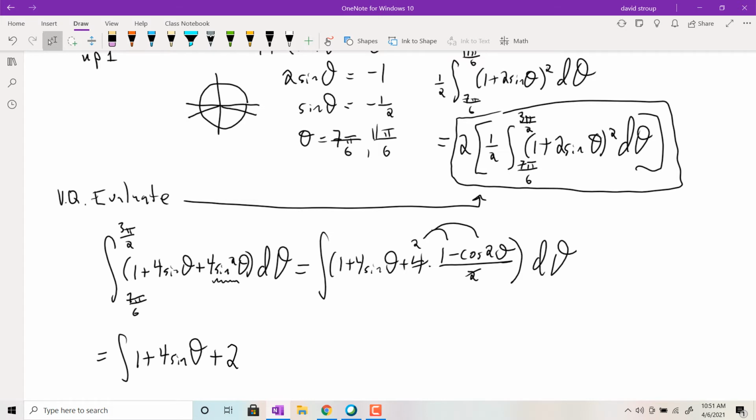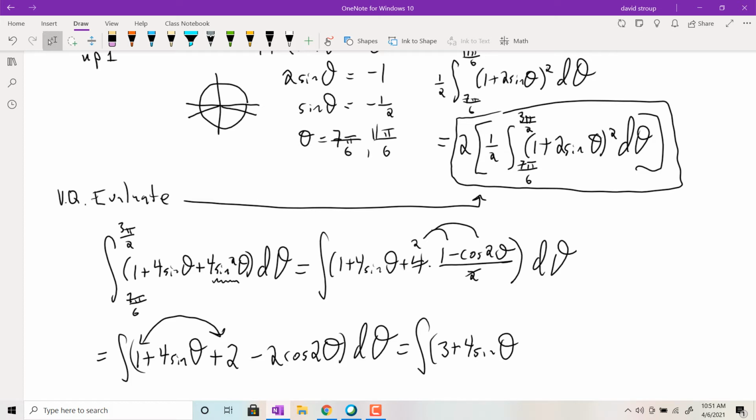So you end up with 2 minus 2 cosine of 2 theta d theta. And then we can combine these terms. So you always want to simplify your integral before you go and integrate. Sometimes on a test, I understand it's stressful and you forget. 3 plus 4 sine theta minus 2 cosine of 2 theta d theta.